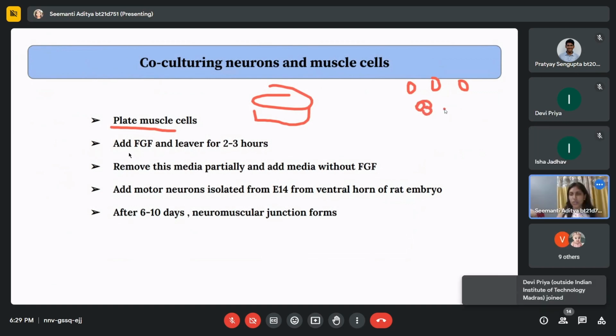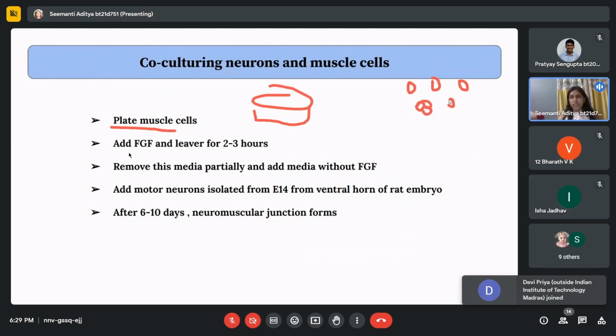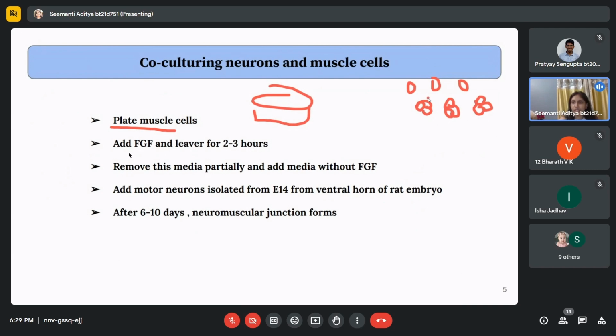Once the muscle cells have divided, they will join together, so all these lines will be erased, and we will get one singular tube-like structure with multiple nuclei. These nuclei will not fuse with each other, they will have their own identity.